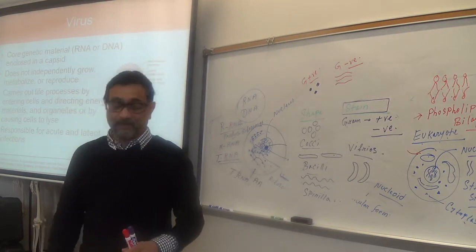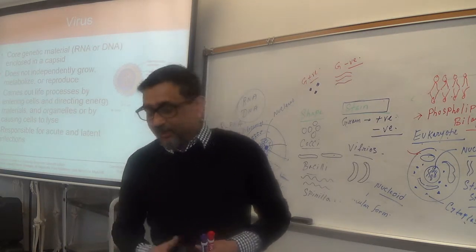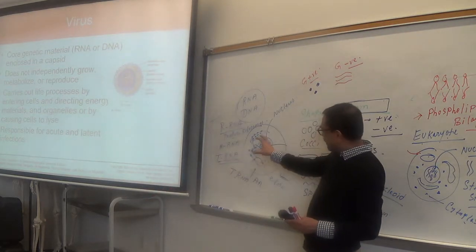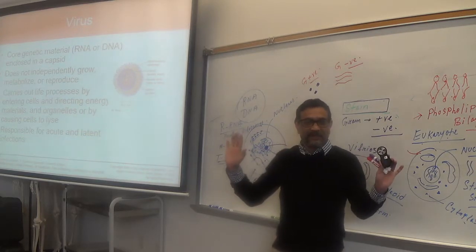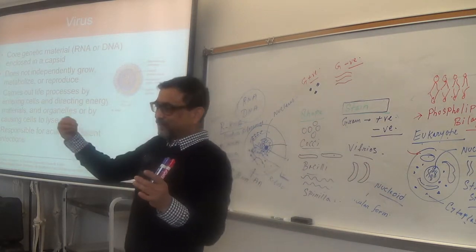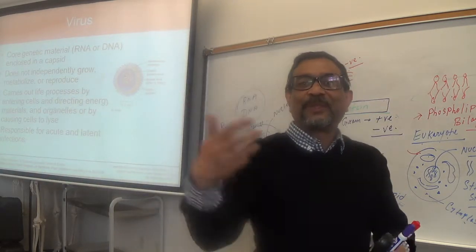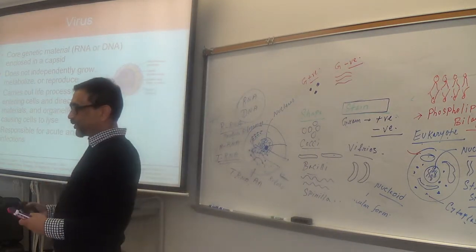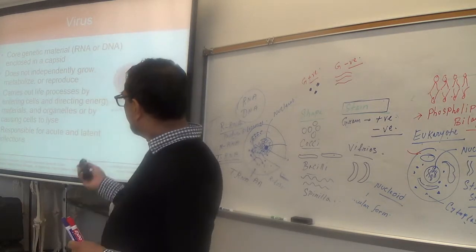That is the most stunning thing: they do not use their own material. They enter into the cells and use the cellular DNA and RNA. Make sense? They use a healthy person's cell DNA and RNA to produce the proteins according to their need. So that's why we say hijack the cellular materials.